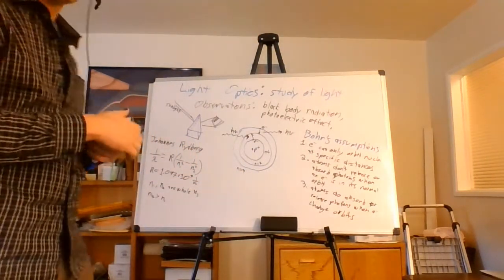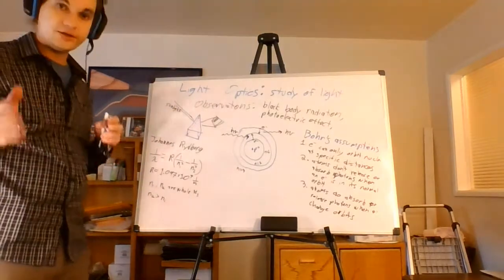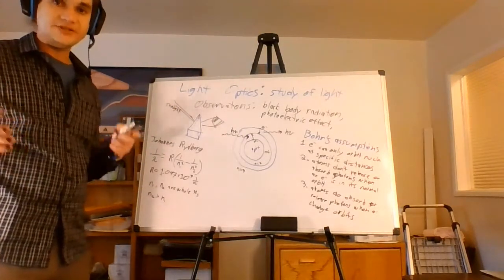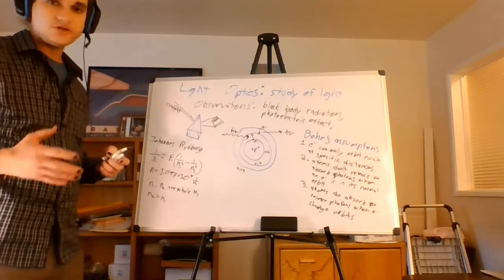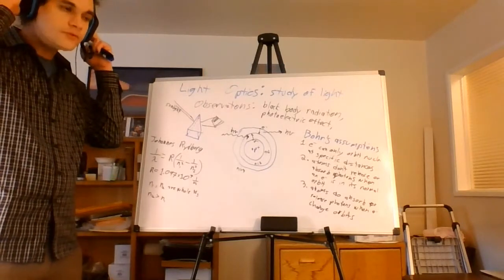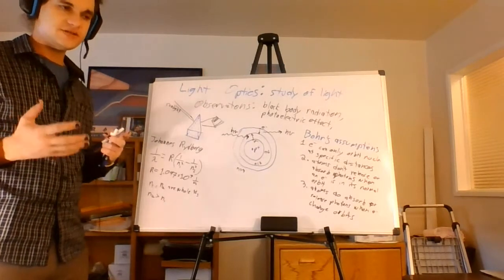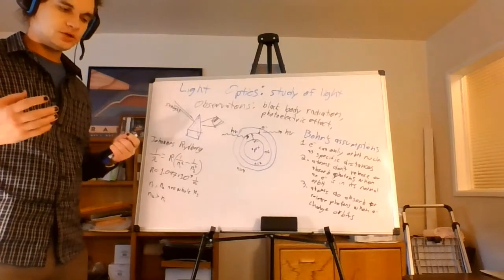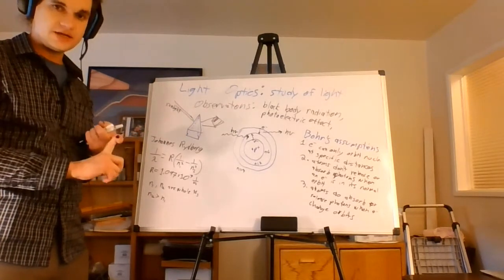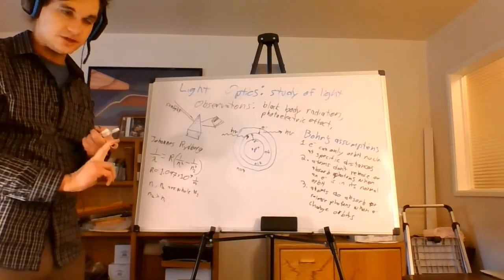Now, remember what we said in the last chapter about internal energy, where the internal energy of a system is the total of the system's kinetic energy and the system's potential energy.